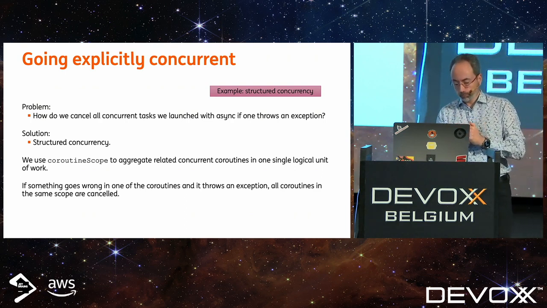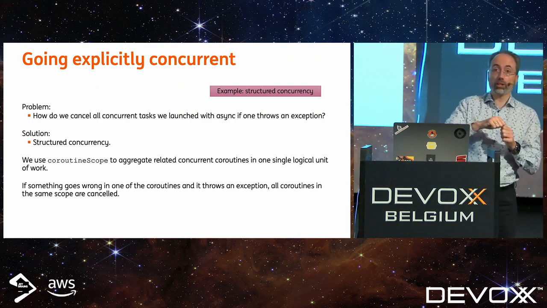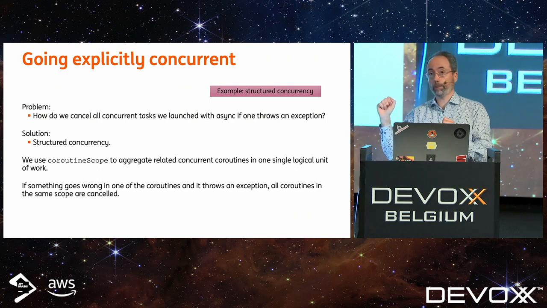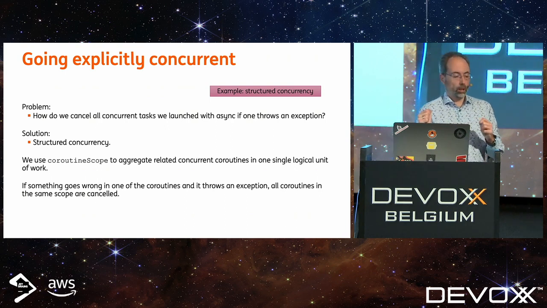However, what happens if there is an error inside the coroutine that we launched asynchronously or concurrently? Then things get a bit tricky, right?